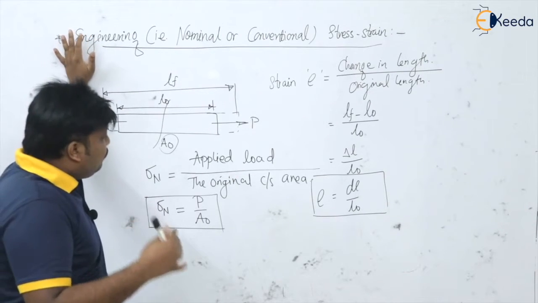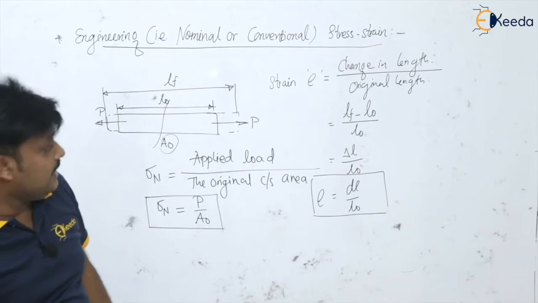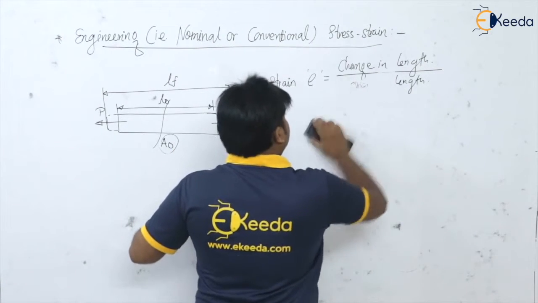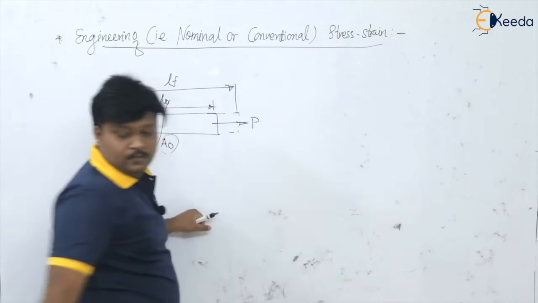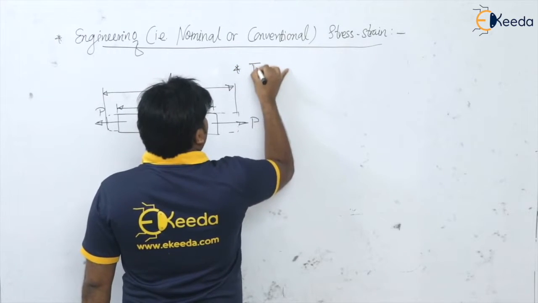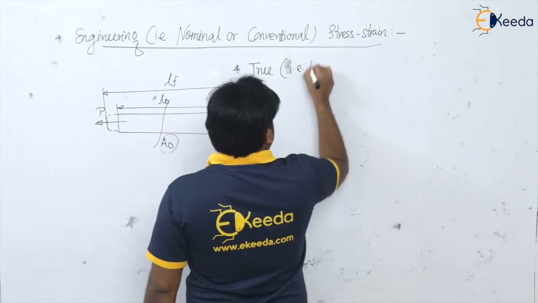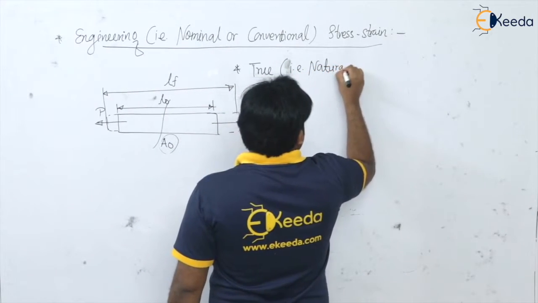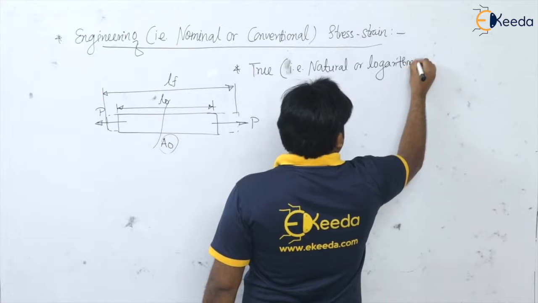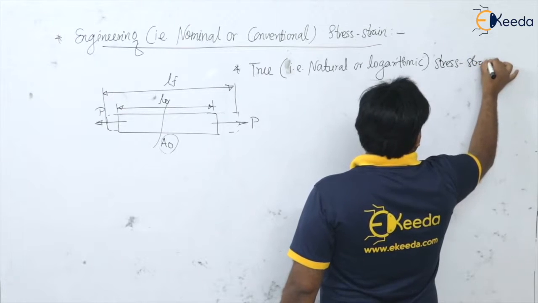Now, if we want to see the true stress and strain, what is the difference? Now I am talking about the true stress and strain, also known as natural or logarithmic stress and strain.